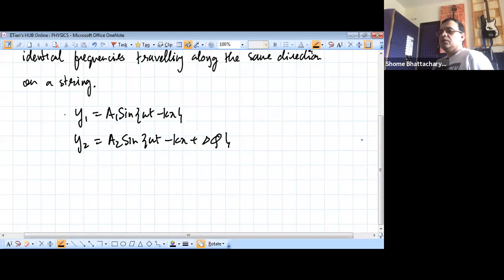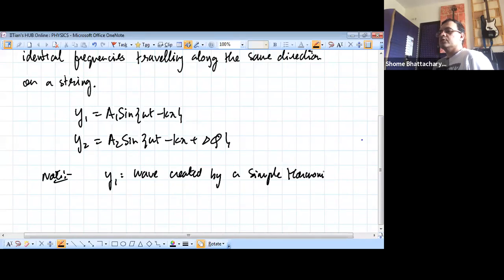So understand over here, y1 is a wave created by a simple harmonic oscillator, which acts like the source of the wave.